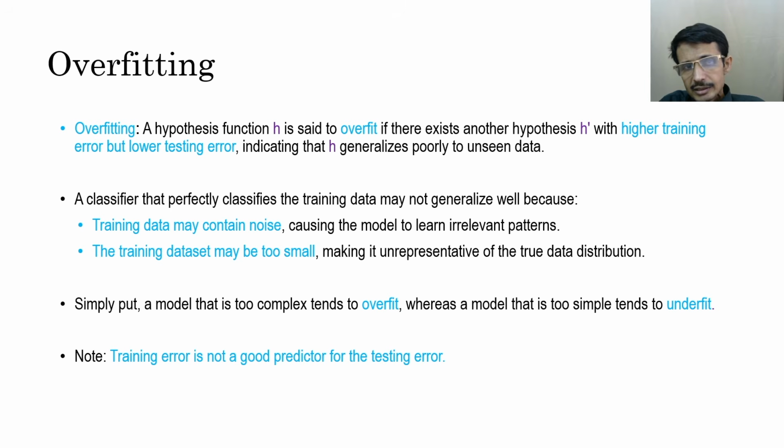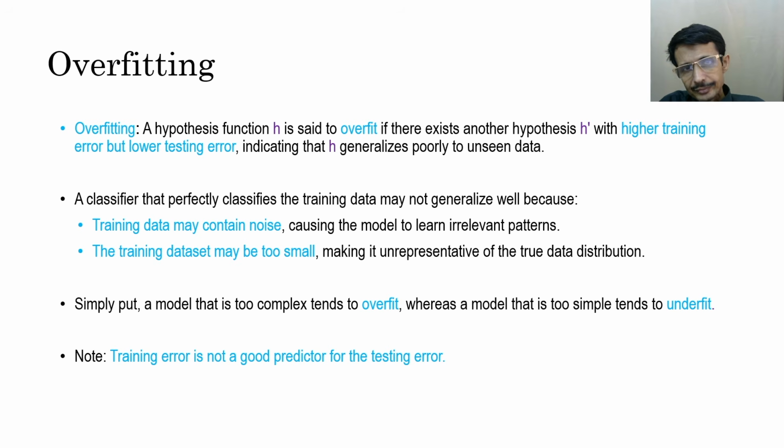So if we say it simplistically, when a model is too complex, there is a tendency of overfitting, and when the model is too simple, there is a tendency of underfitting. What underfitting means will also come, and it can't model the training data well either.